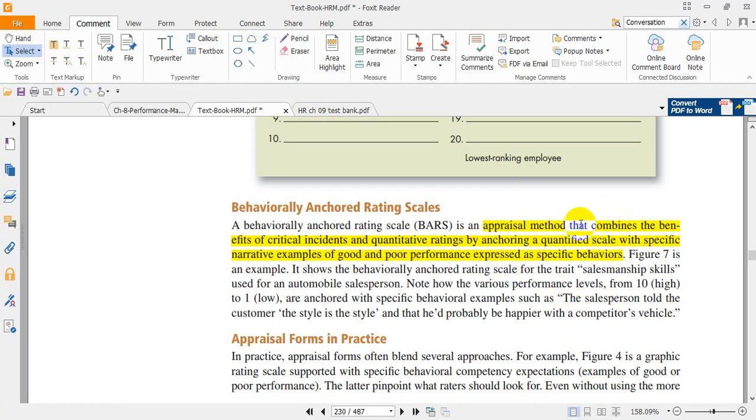So it's a combination between two methods, critical incidents and the quantitative rating.